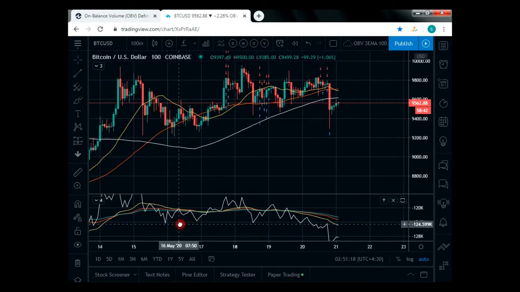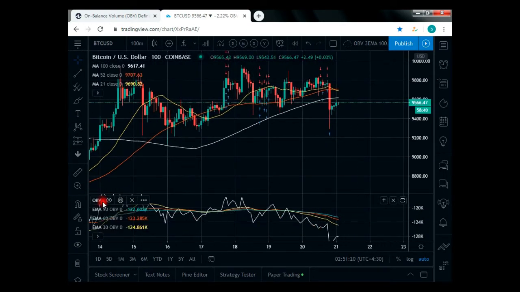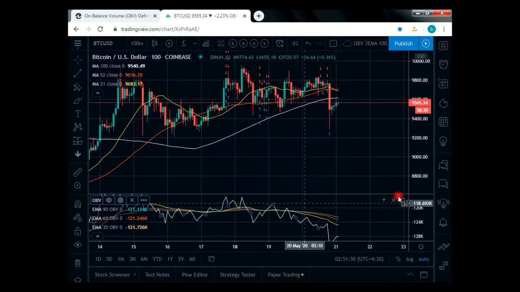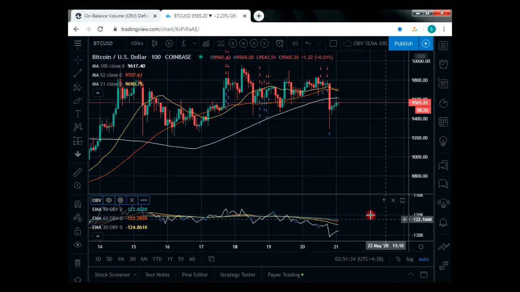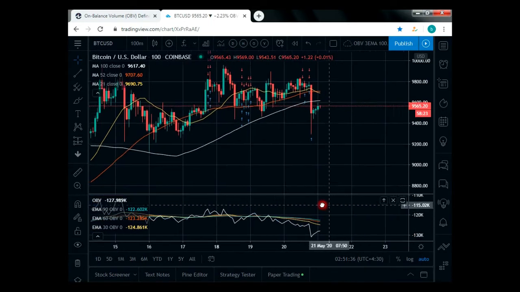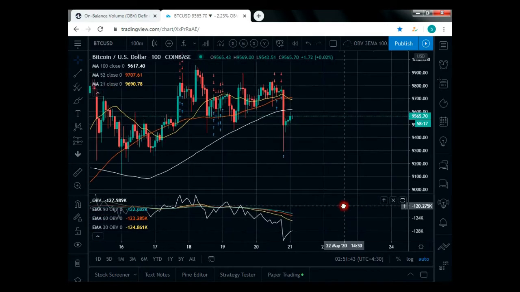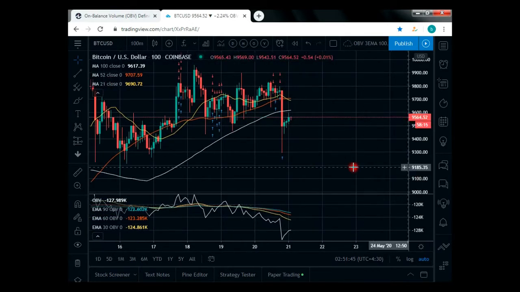Now let's go back and take a look at the original OBV. As you see on the settings for On Balance Volume, there is no period at all. It just comes with the amounts of real-time volume balance based on the formula that we saw previously.